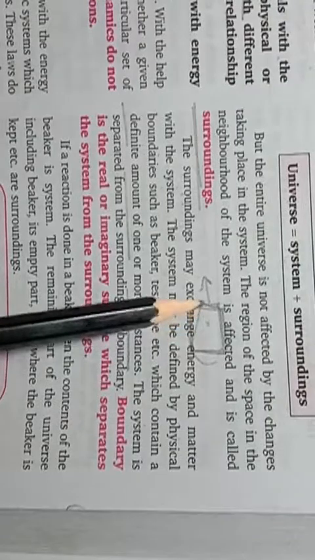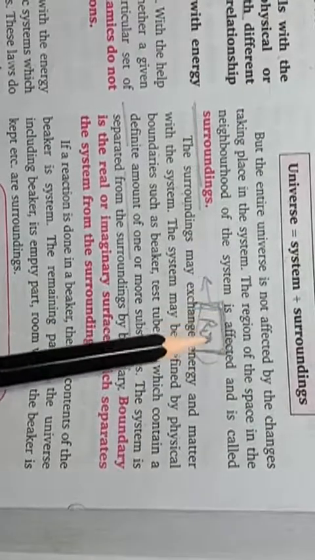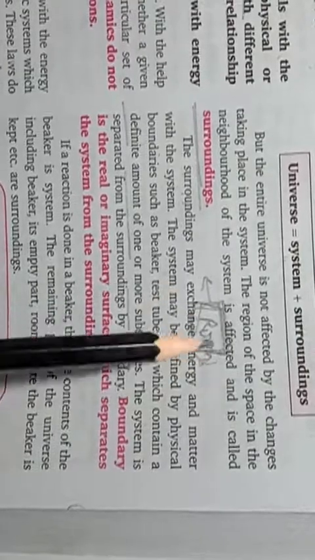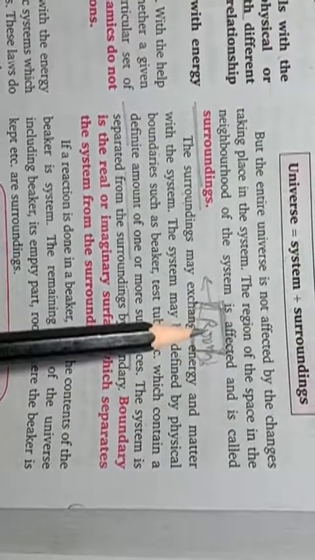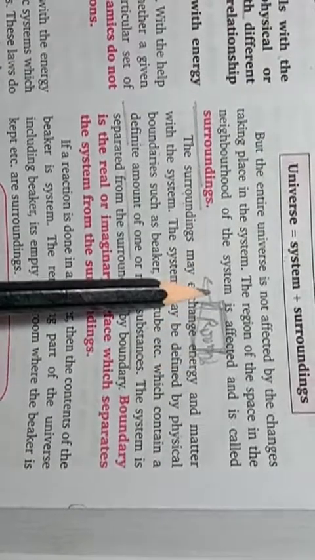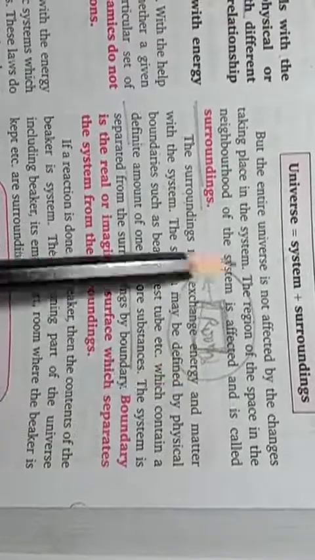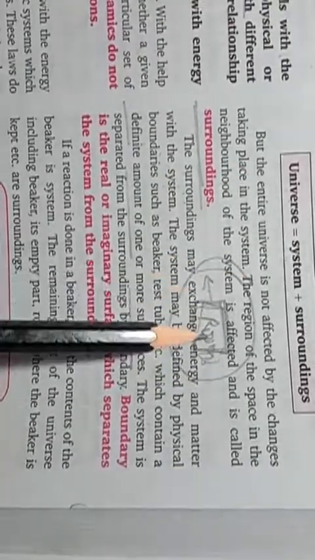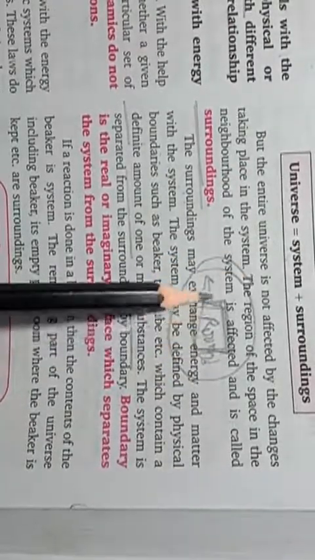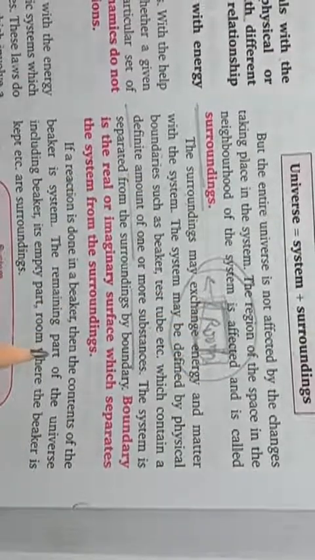So the room is differentiated from the surroundings with the help of walls. Outside of the walls, the whole area is surroundings, and inside the walls is the room, and these walls will be considered as boundaries.